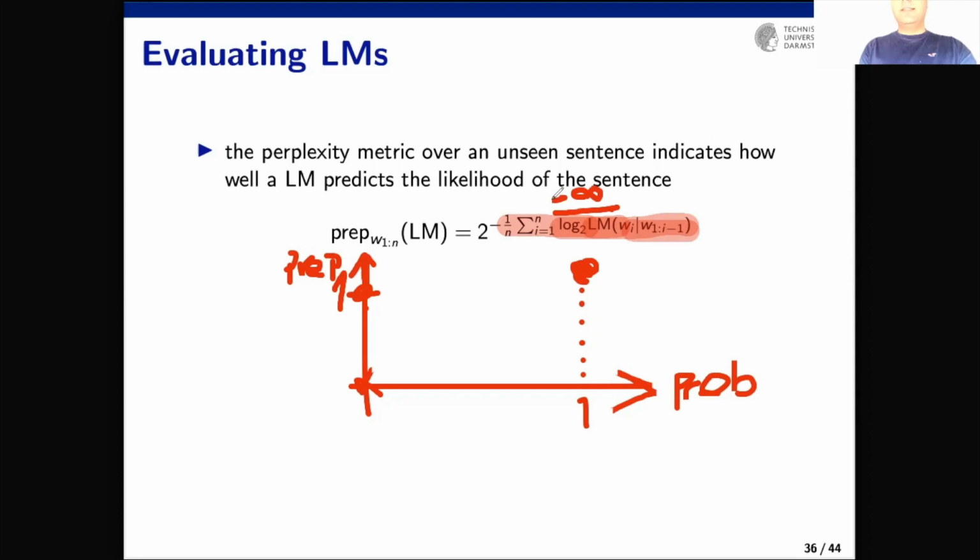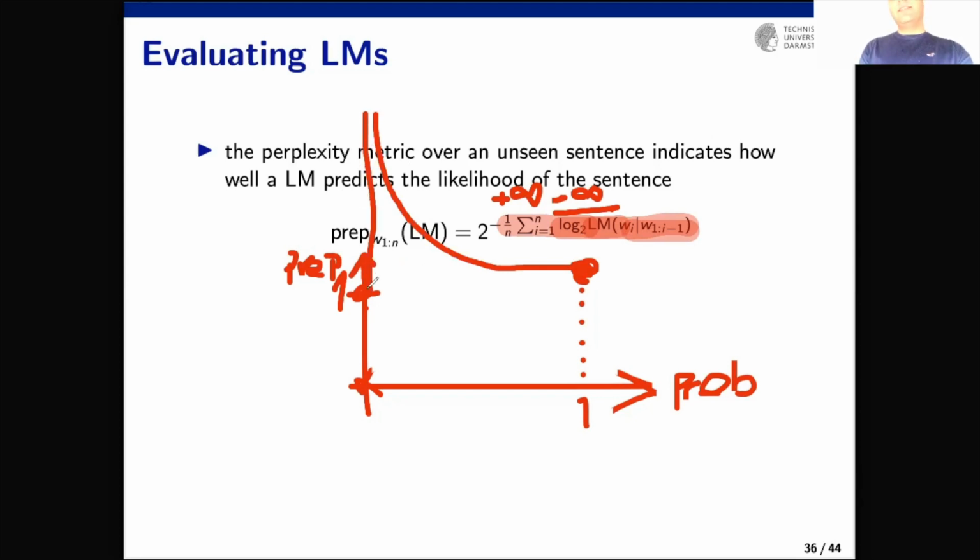Yeah, the log is minus infinity, and then the average of n minus infinities is minus infinity, and minus by minus is plus infinity, right? Plus infinity, and 2 to the power of plus infinity goes up. So it's like we go something like this, right?